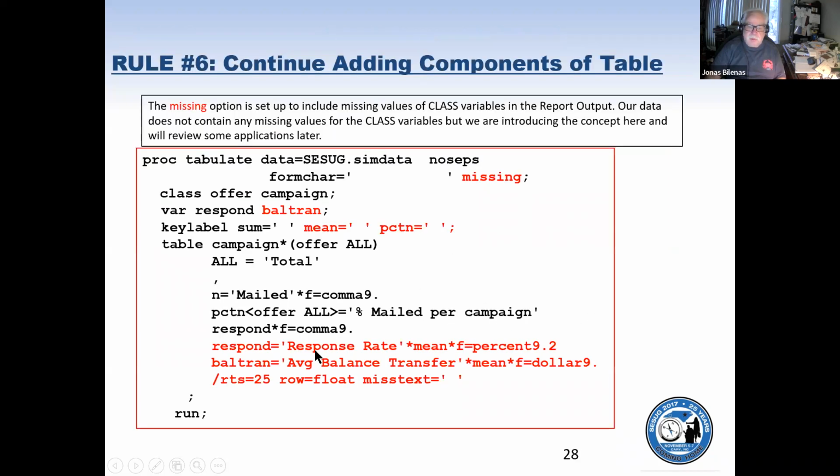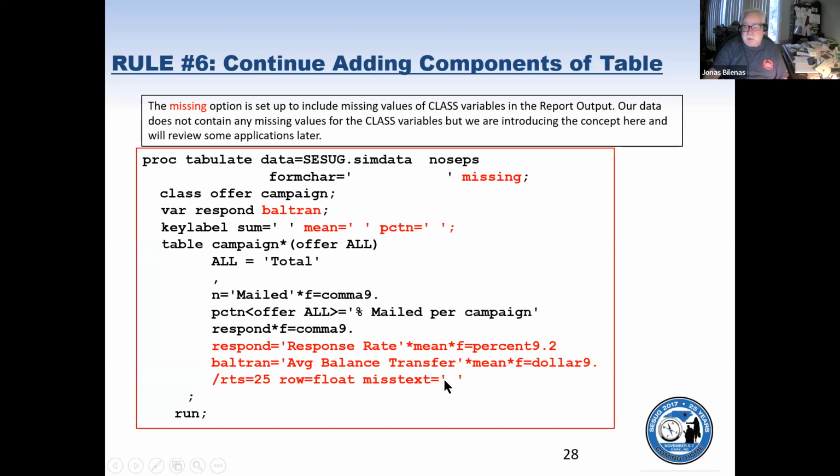Let's try to add some more interesting stuff. I always include a missing statement in my PROC tabulate, just because you may have missing cases, and you would modify the output when you have a missing case. You would say missing text equals quote space quote.